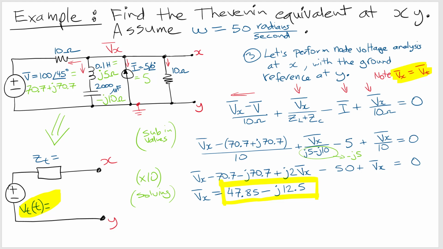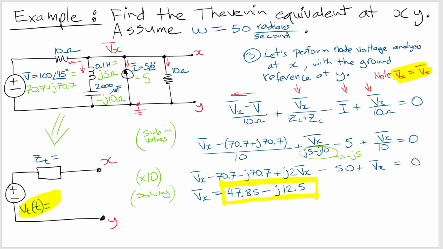Then the time domain equation will fall out very easily from the polar form. We can't go directly from the rectangular form into the time domain. We have to go first into the polar form.